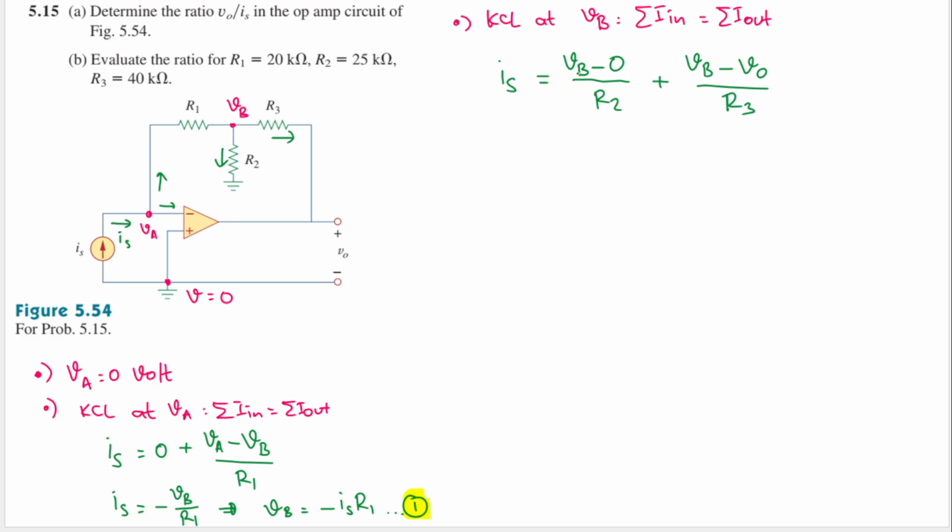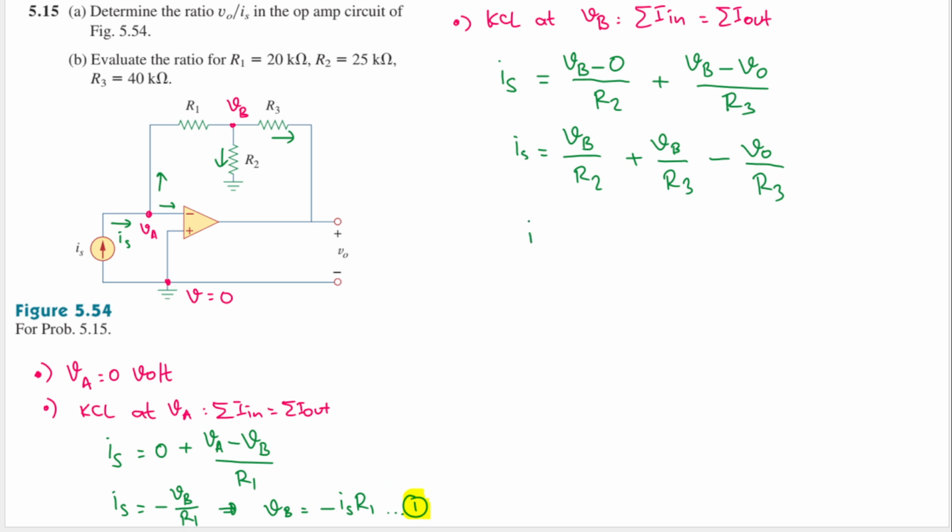Maybe we can just simplify this. So I will have IS is equal to VB divided by R2, and then this one I want to separate, so I will have VB over R3 minus V0 over R3. But then we can substitute VB with minus IS R1.